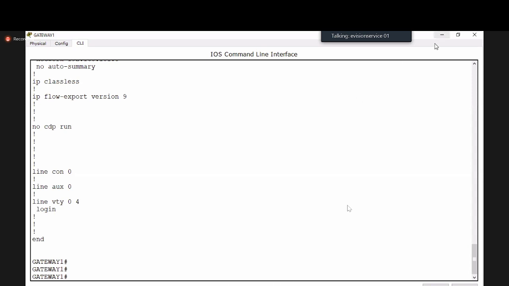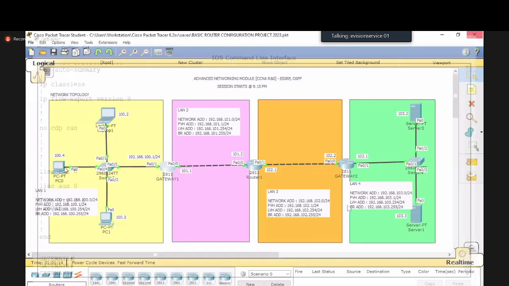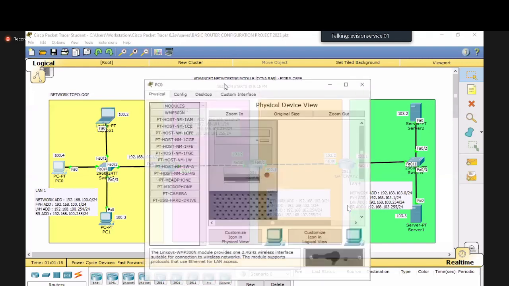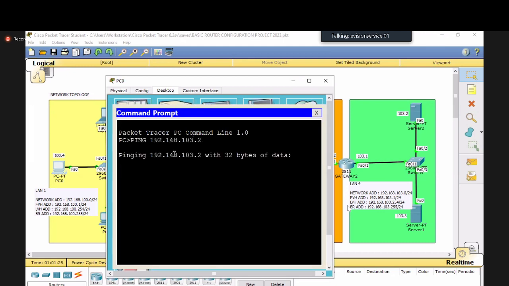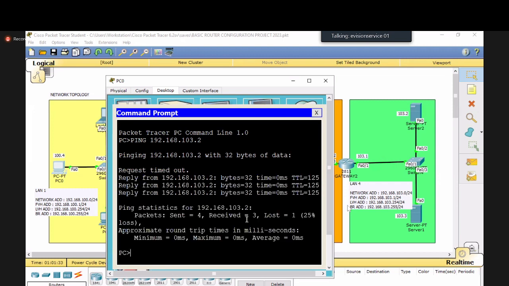Since we are performing routing with EIGRP, let's do the verification here by sending a ping to these two servers. So ping 192.168.103.2. And we can see that we're getting the replies.